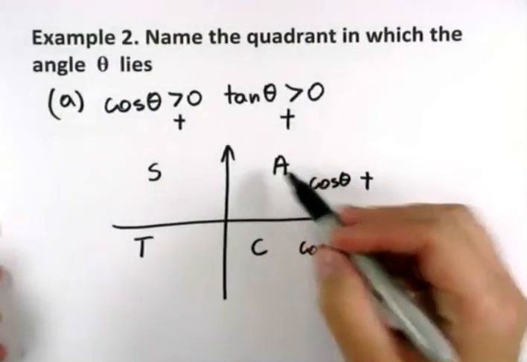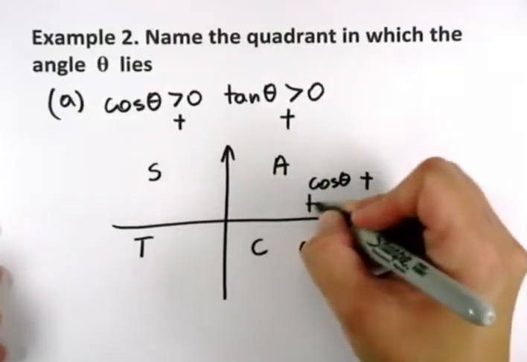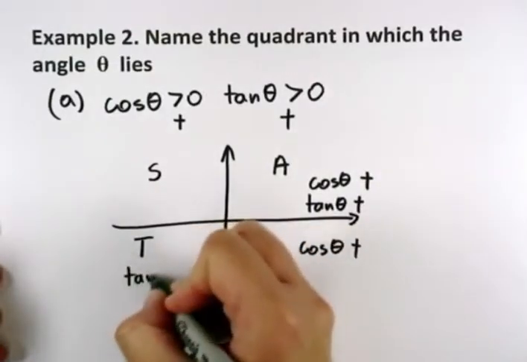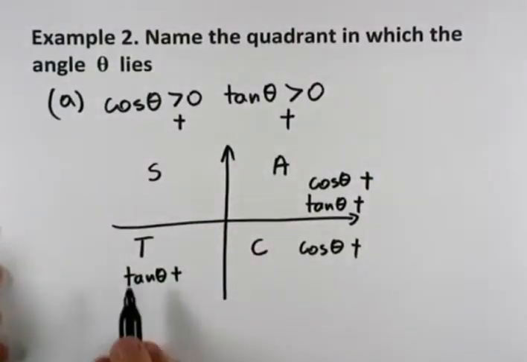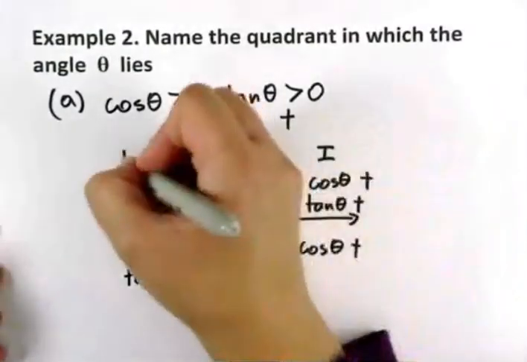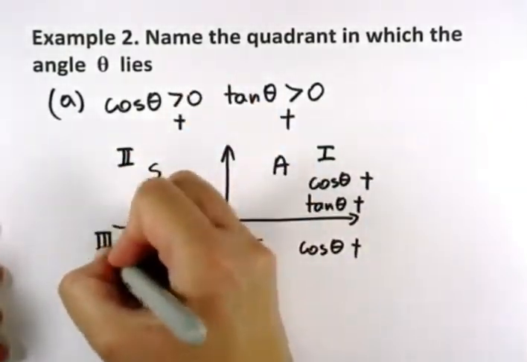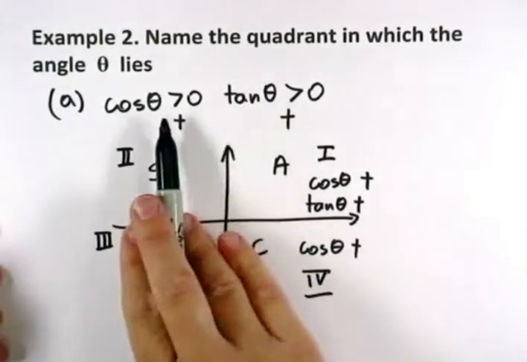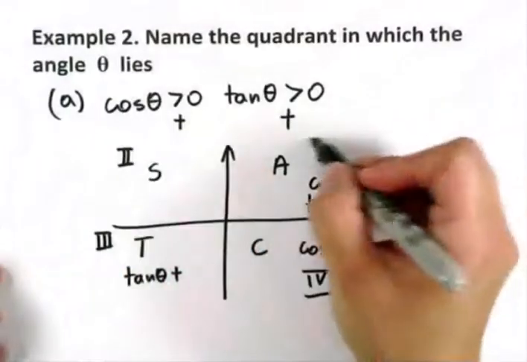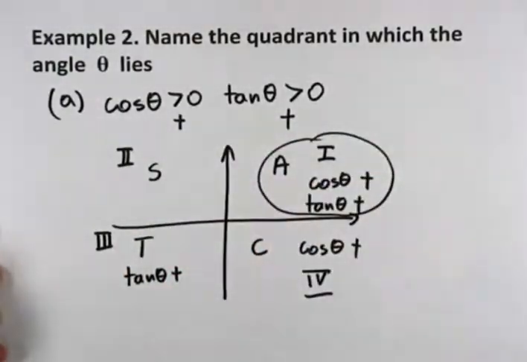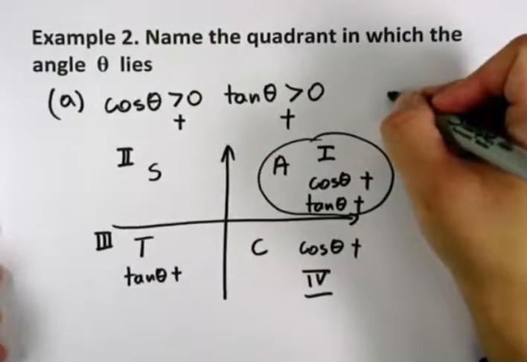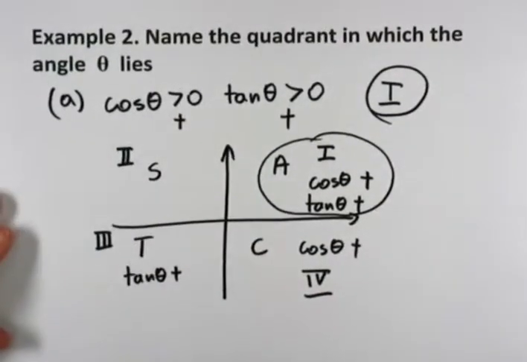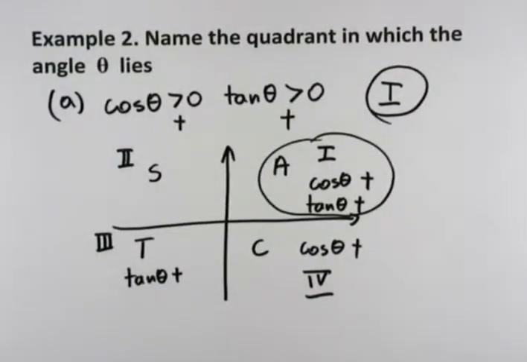Tangent is positive in the first, and tangent is positive in the third quadrant, because it goes 1, 2, 3, and fourth. So where those two conditions are satisfied is just quadrant 1. So this one is in quadrant 1. Both conditions are satisfied in quadrant 1.